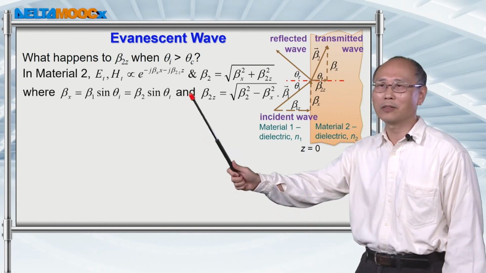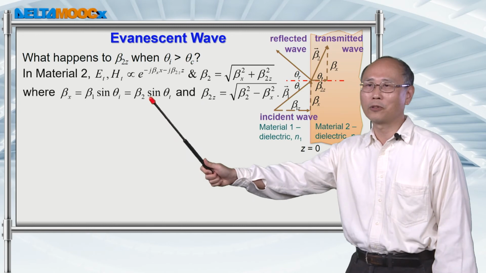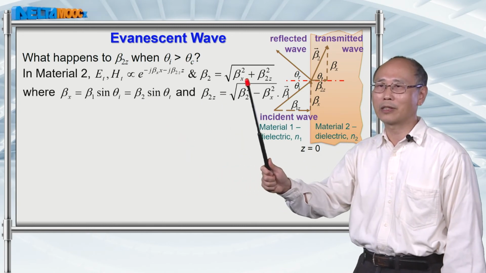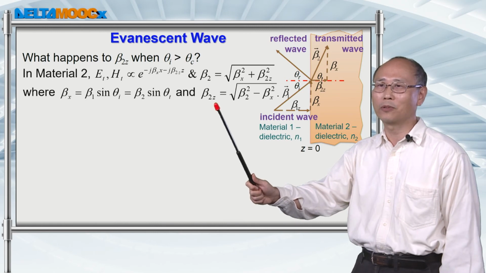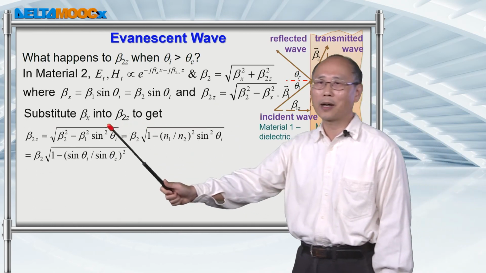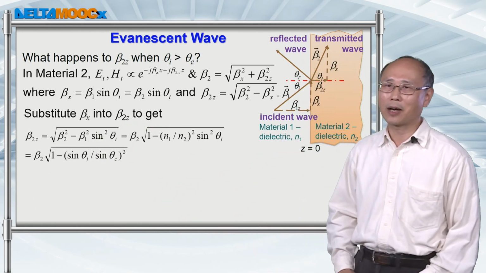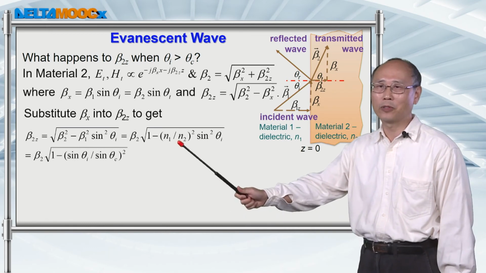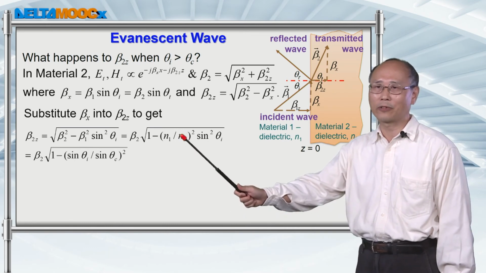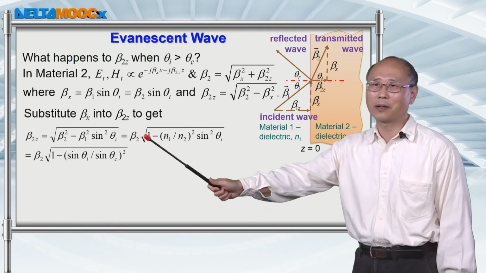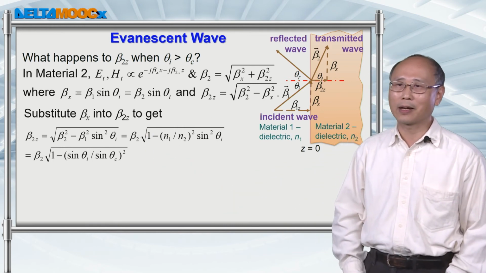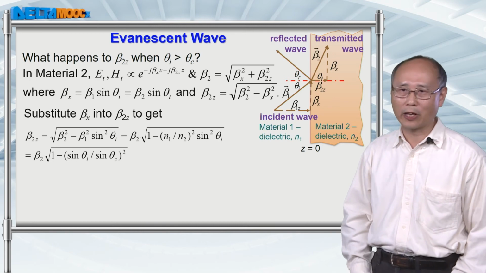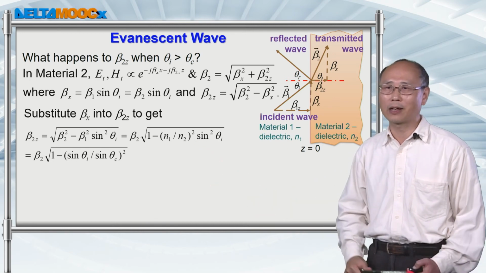So now let's just put this result into this expression and try to understand what beta 2z is. So after some algebra, of course, you have to use the Snell's law of refraction and put it into this expression. But I don't want to go through all the details, because this could confuse you.